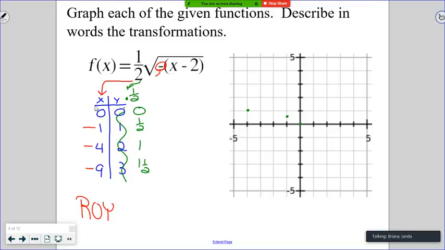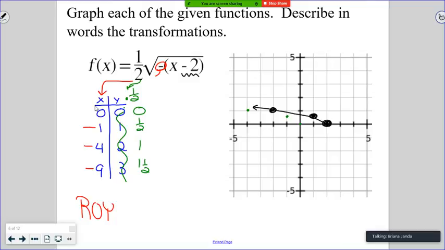So we would do that. -2 on the inside, which direction? Right. So I'm going to take each of these points and move it to the right. 1, 2. Right, 1, 2. Right, 1, 2. And there would be my final graph.